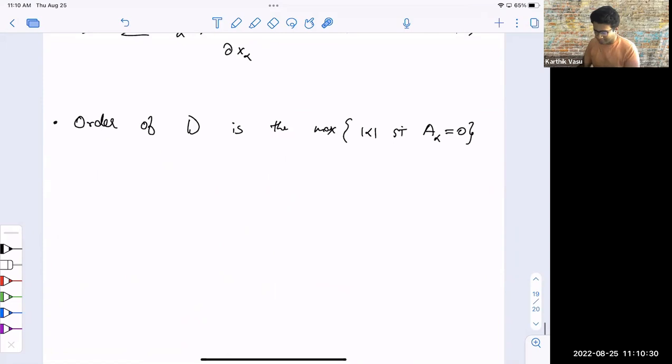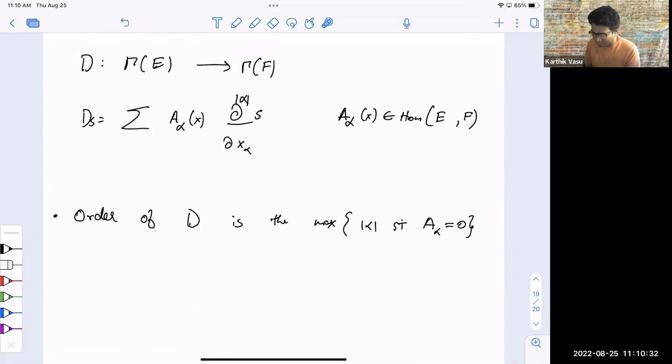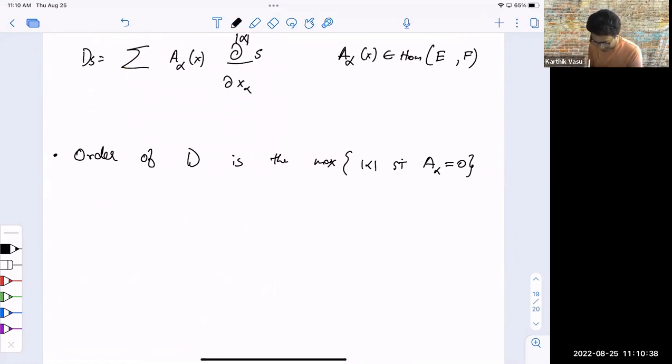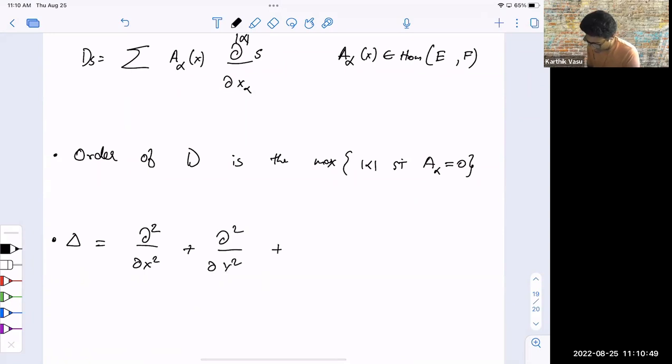But what does make sense is the top order part under a change of coordinates. So if you have, let's say, the Laplacian, which is del squared by del x squared plus del squared by del y squared plus del by del y plus maybe 1, some operator like this.